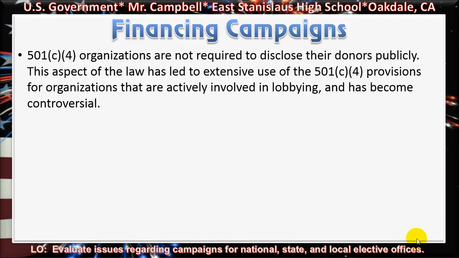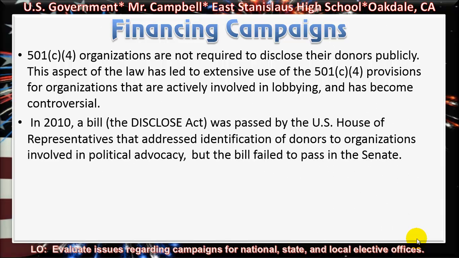They can work their way around the law and bypass it by having their contributors give their money to the 501c4. The 501c4 doesn't have to disclose where it got its money, and it can turn around and give that money to the super PAC. The super PAC discloses that it came from the 501c4, but you don't know where the 501c4 got its money because it didn't have to disclose. It's a way around the intended purpose of the law.